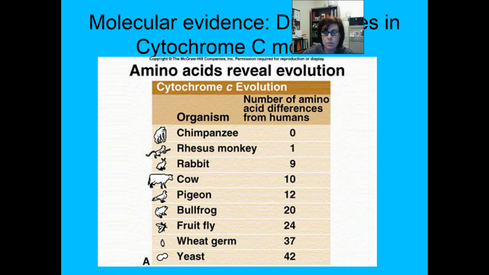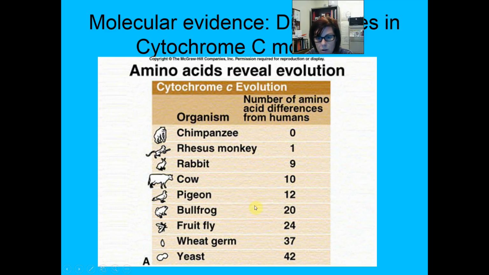Okay, here's another molecule. This is called cytochrome C. It's found in every mitochondria. So every living organism that has a mitochondria, which is everything on the planet, we can look at that protein. And again, we can see the differences in the amino acid sequence compared to humans.